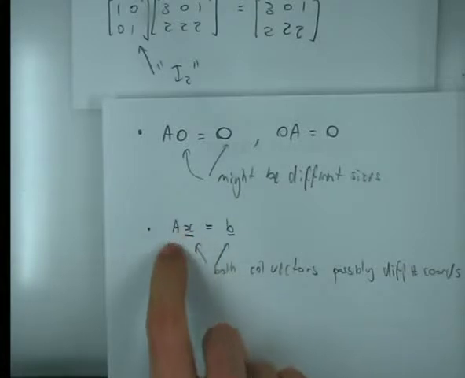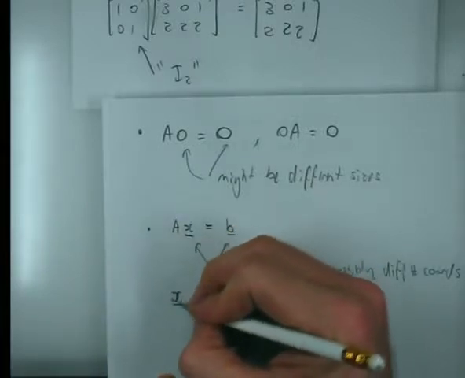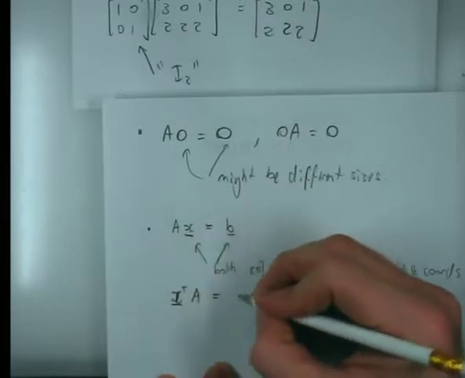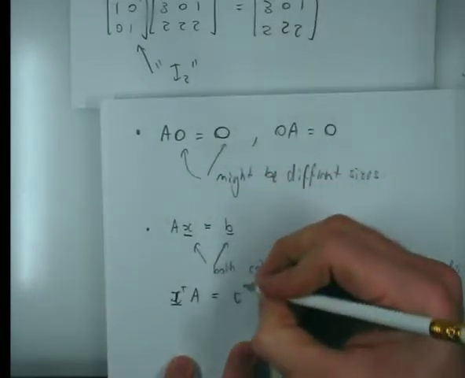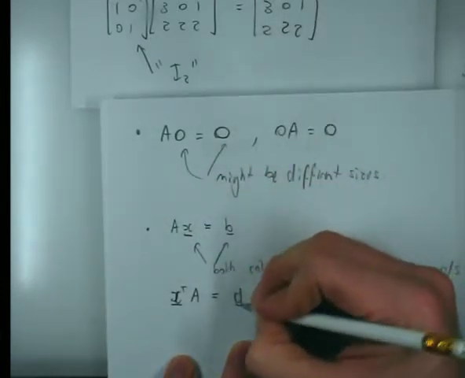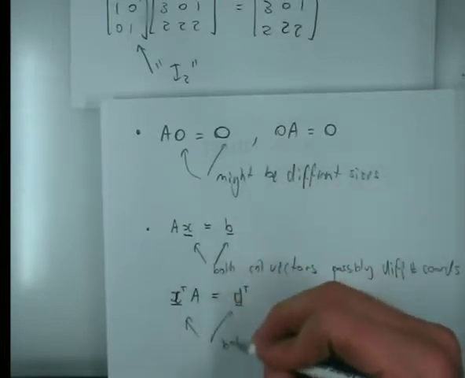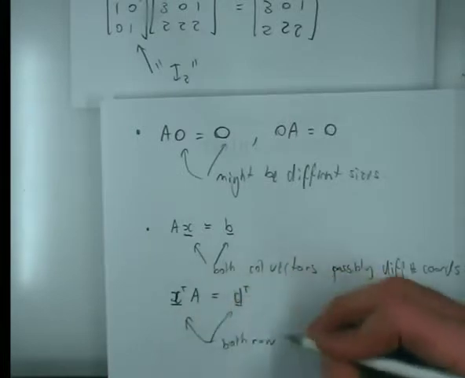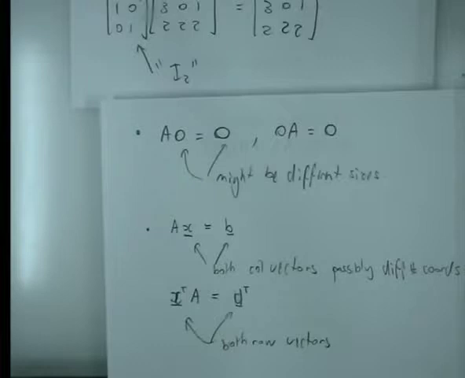You've got n times m and m times 1, and this will be something times 1. And it goes for rows as well. So these will both be row vectors. It's just good to know that that happens.